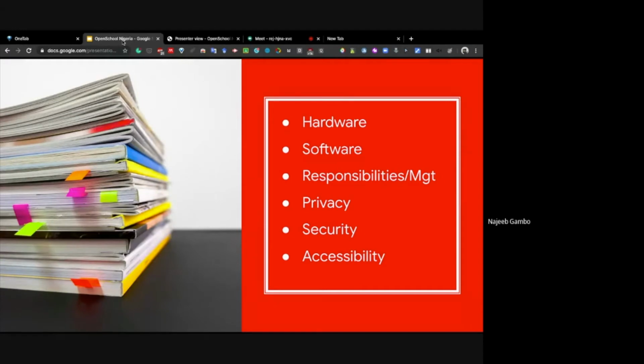How do we make sure that at least students have access to devices, have access to this learning? And not only having access to devices, within us there are people with learning disabilities. How do we make sure we incorporate their interests?